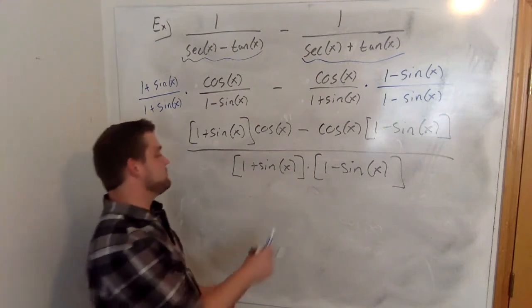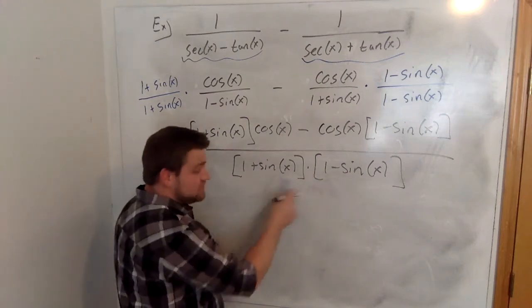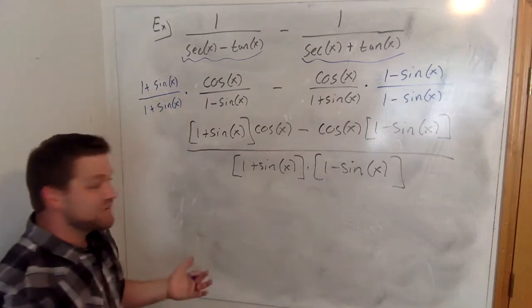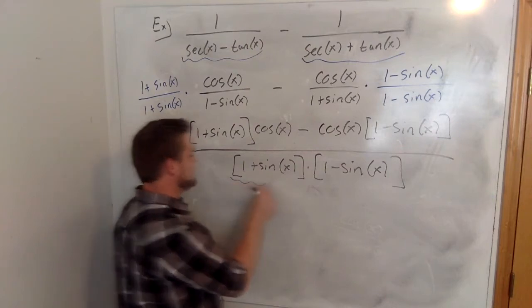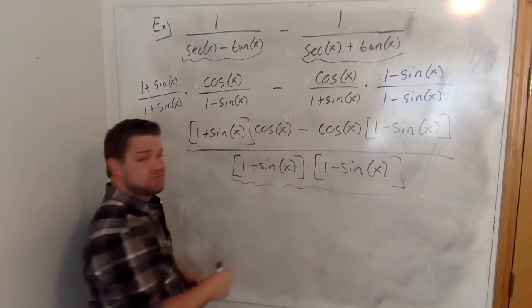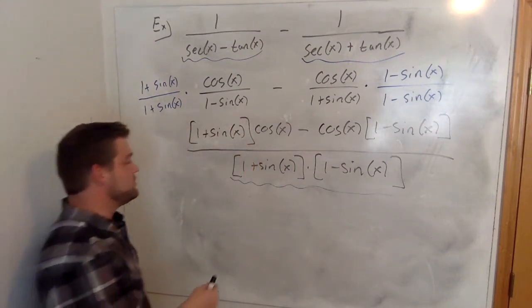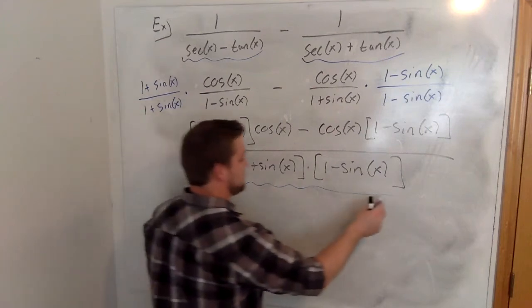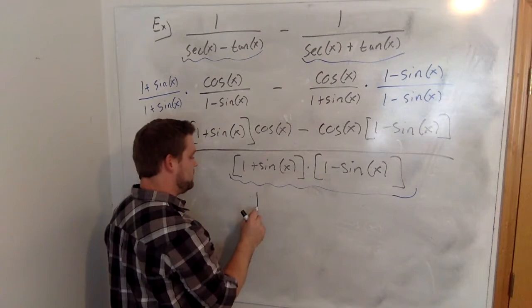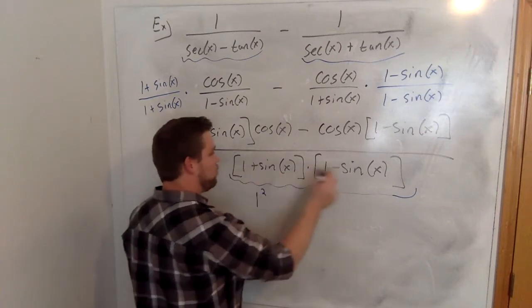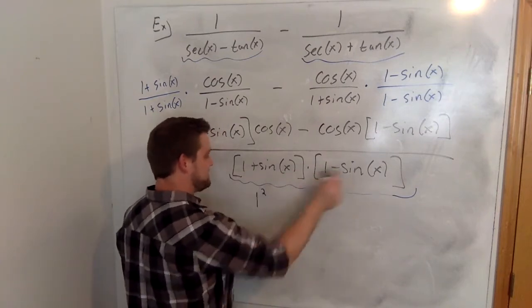Let's notice that this denominator cleans up really nicely if we expand it. You should notice this is almost like a difference of squares factoring pattern, but if you don't know this, focusing on this denominator, if I multiply this out, that's a 1 times 1, so we get a 1 squared.